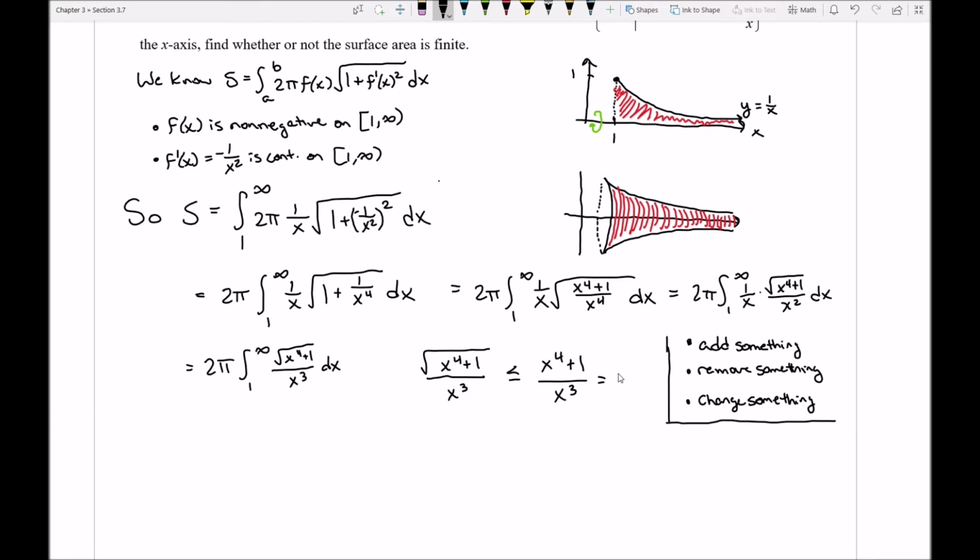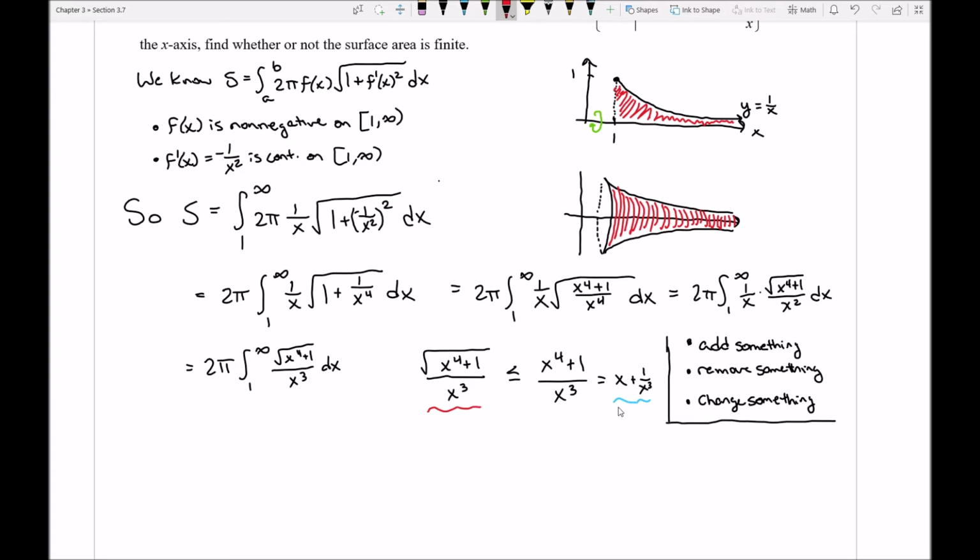I could also see that over here, if I split my fraction, I would get x plus 1 over x cubed, which is very easy to integrate. So in terms of the comparison theorem, I've generated a blue function that's big, and my function's red, which means I might be able to show that if this blue integral is convergent, my smaller integral would also be convergent.